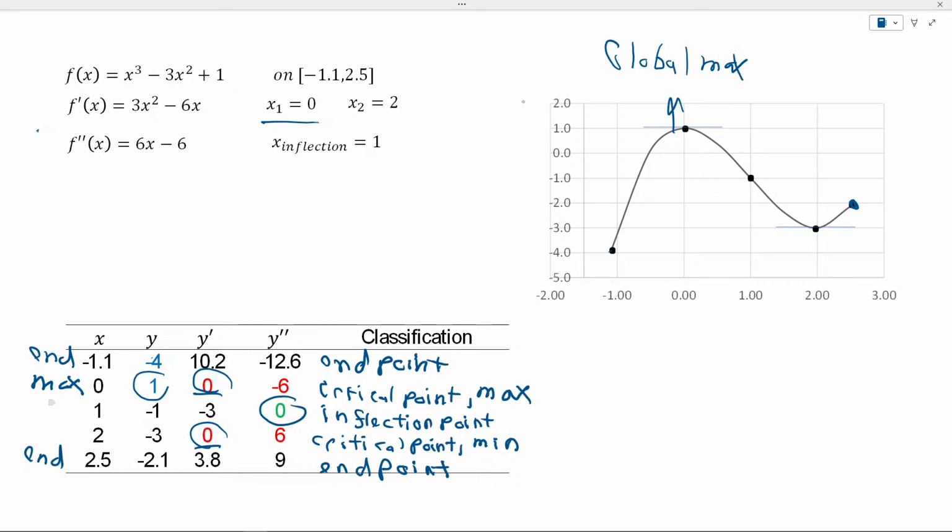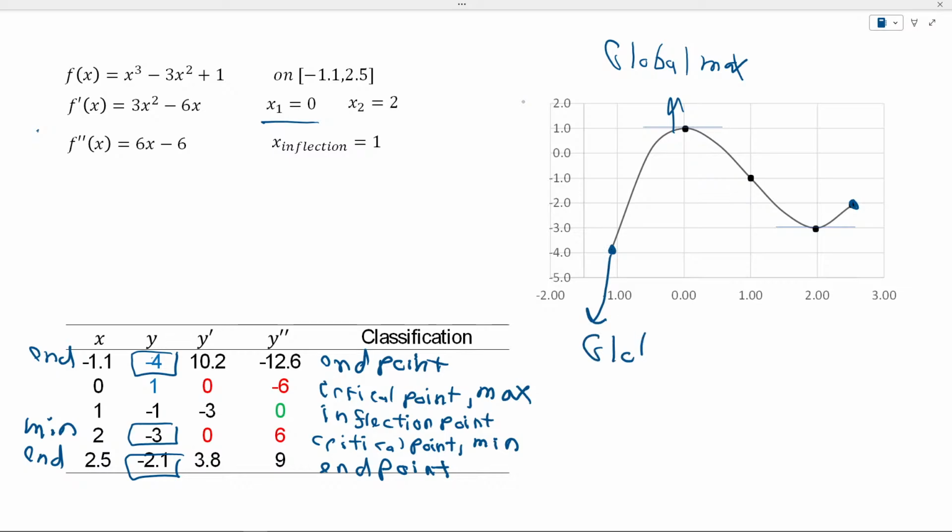Where is the global minimum? Again, it could occur at either one of my endpoints or my local minimum. I have only one local minimum here. I evaluate: this guy is -4, this guy is -3, this guy is -2, so this is the smallest one. So this is the global minimum, and the other would just be a local minimum.